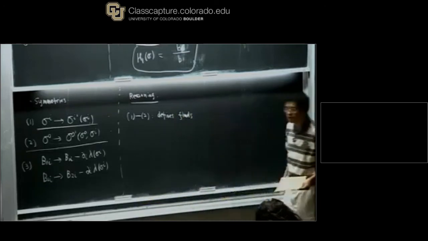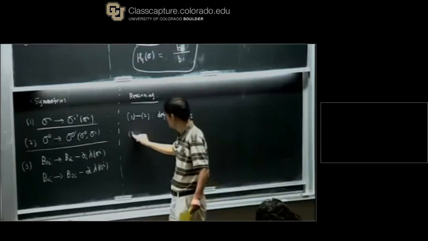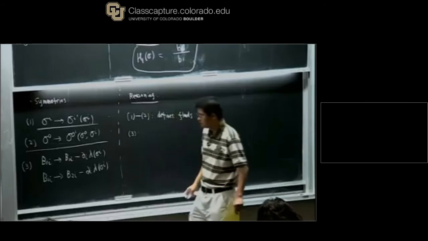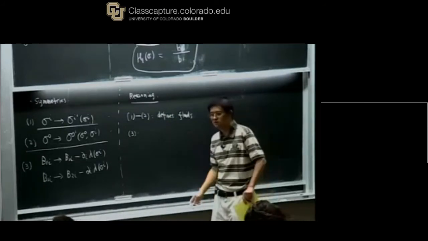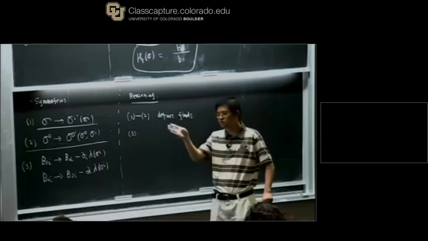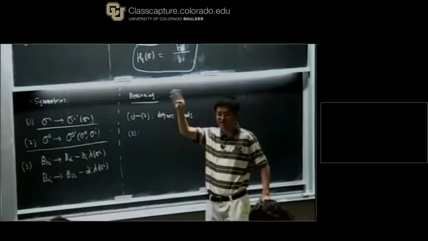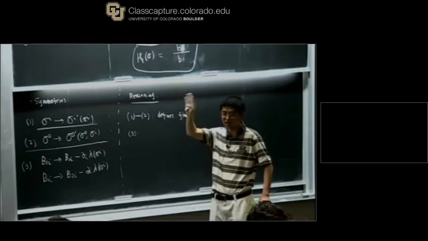Now let's look at 3. So 3 can be interpreted as follows. You have a U(1) global symmetry, which means that associated with each fluid element, you have some freedom to make a phase change. Since it is a global symmetry, that phase change cannot depend on time.